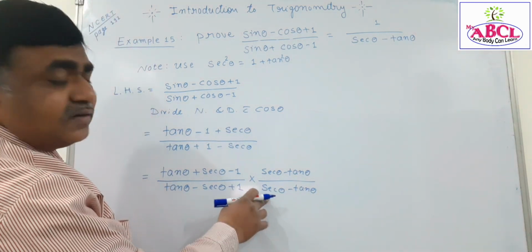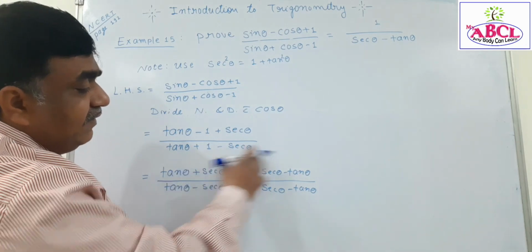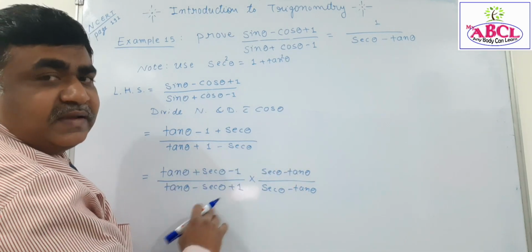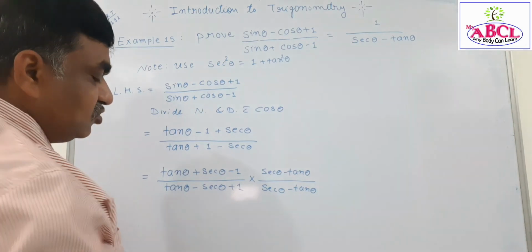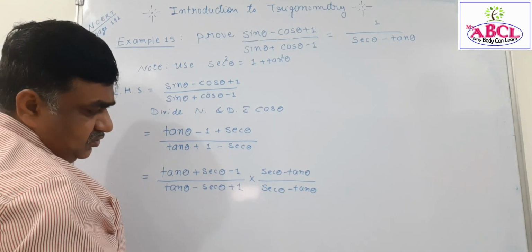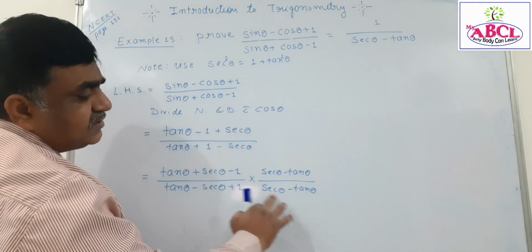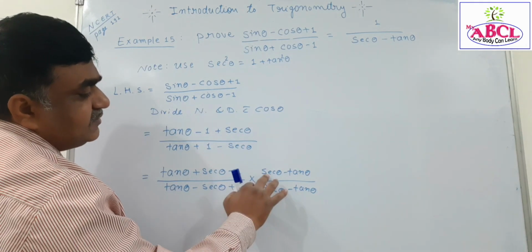Now I got my answer in the numerator, and I will try to nullify all the stuff except this one, and I will land with my result. So let's do the same. I'm not changing this thing now. Let's multiply these two.